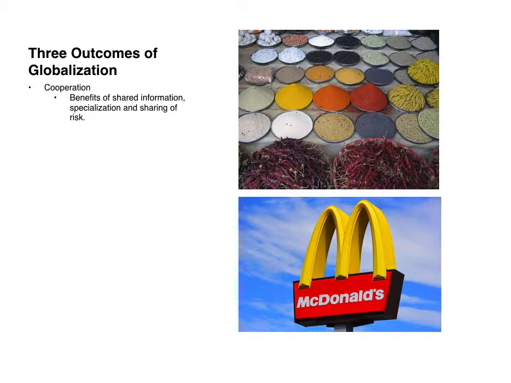So cooperation. There are benefits to international cooperation. Specialization in trade can provide the benefits of comparative advantage. Shared information can provide a public good to those who otherwise might have to reinvent it. Cooperation permits the sharing of risk, not unlike health insurance.